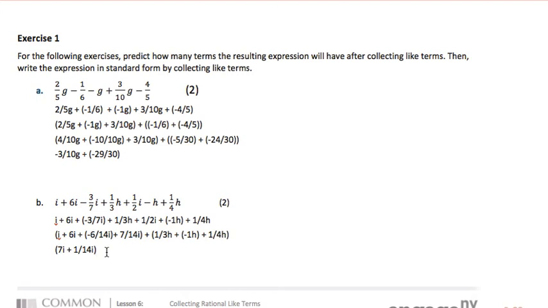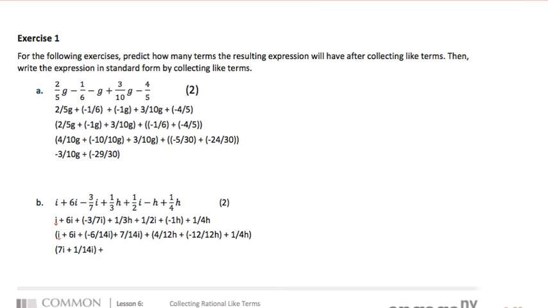And then our h terms, we have 1/3 and 1/4, and the common denominator for them is 12. So that would give us 4/12. And we'll go ahead and change this negative 1 to negative 12/12.